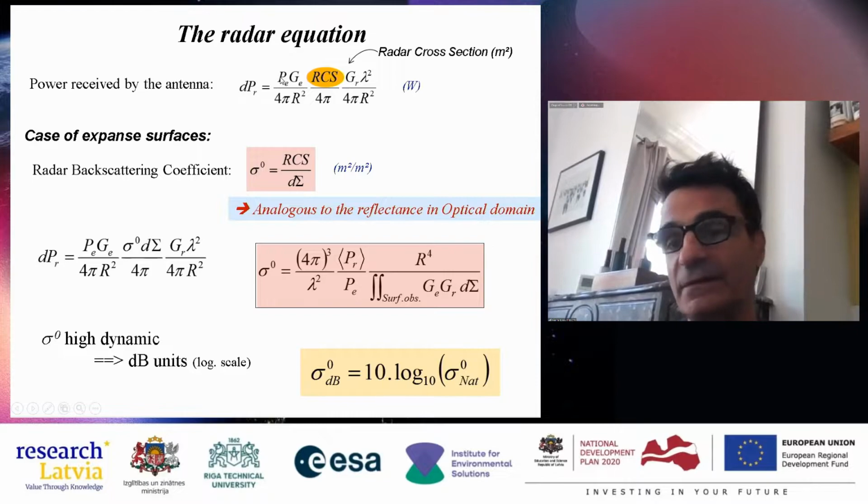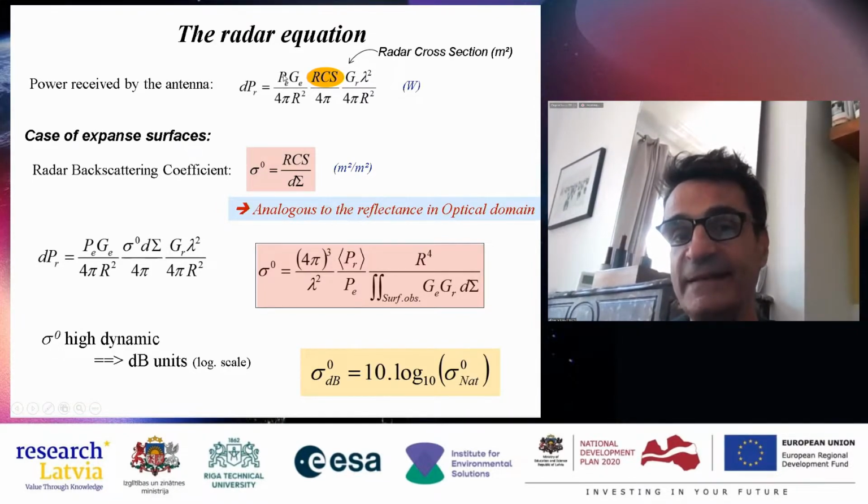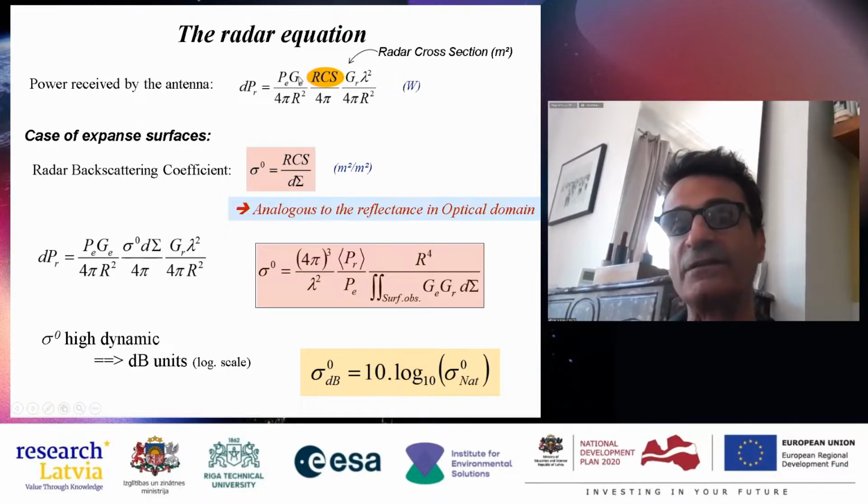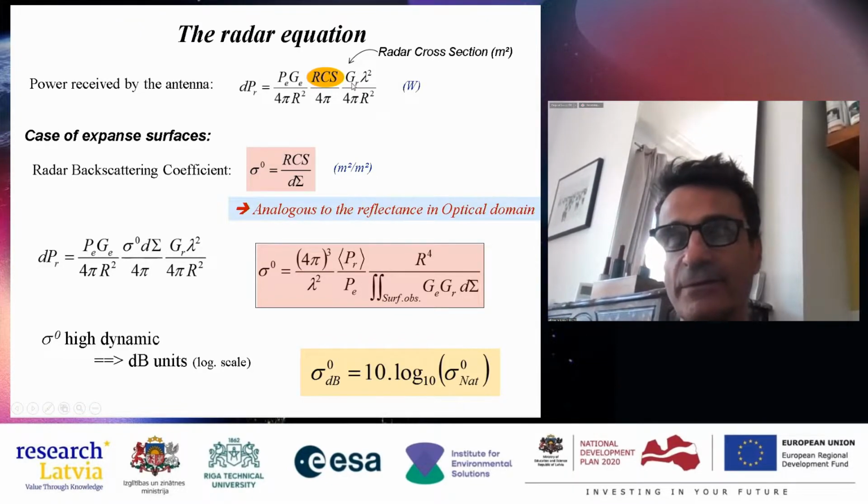You emit a pulse with a given intensity. And then this pulse travels and goes to the target at a distance R. G corresponds to the gain of emission and reception. It's a system constant. We don't care.